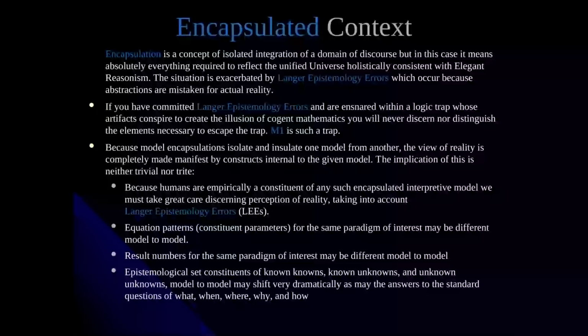The equation patterns are a little different. So, for example, in M1, we think that mass is variant, and so there are inertia parameters and momentum parameters that get handled differently than they do in M2, where mass is invariant.